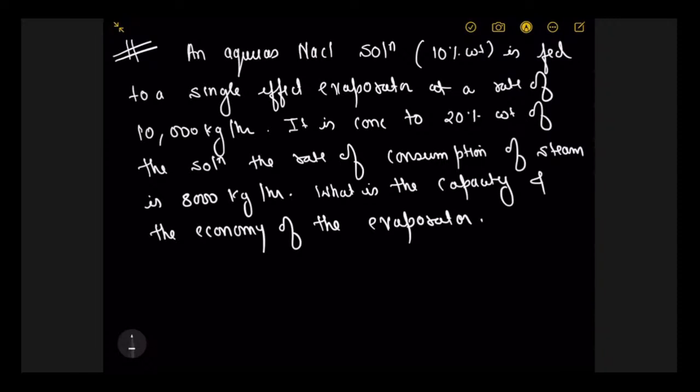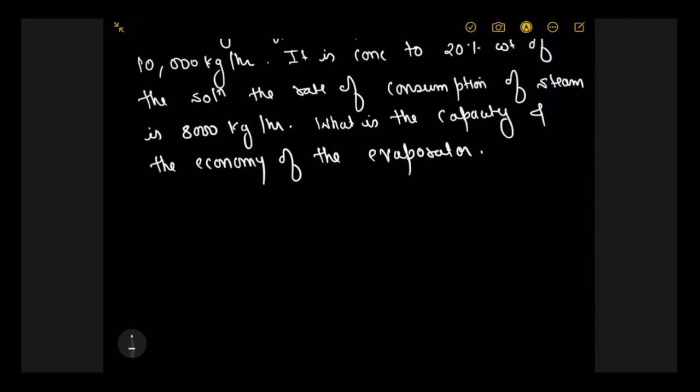So in this question, we can first find how much feed is entering. Feed equals product plus vapor. Feed is 10,000, product plus vapor.